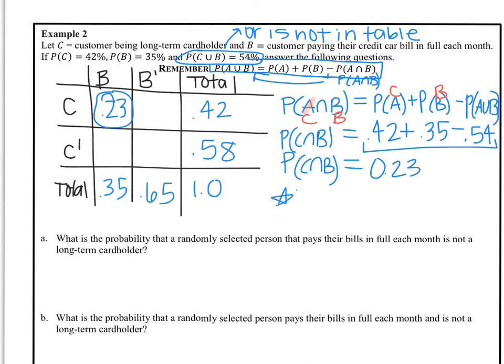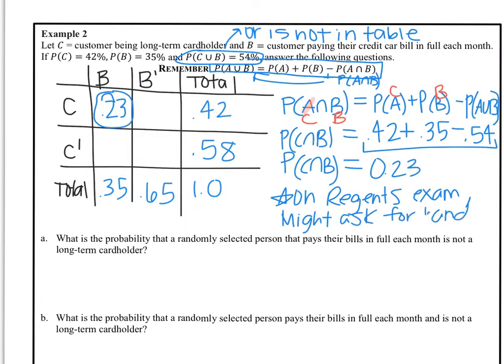But on the Regents exam, they might just ask for the and given the or, and then this is when you need to use the formula, because it's a lot less work than setting up a whole table.